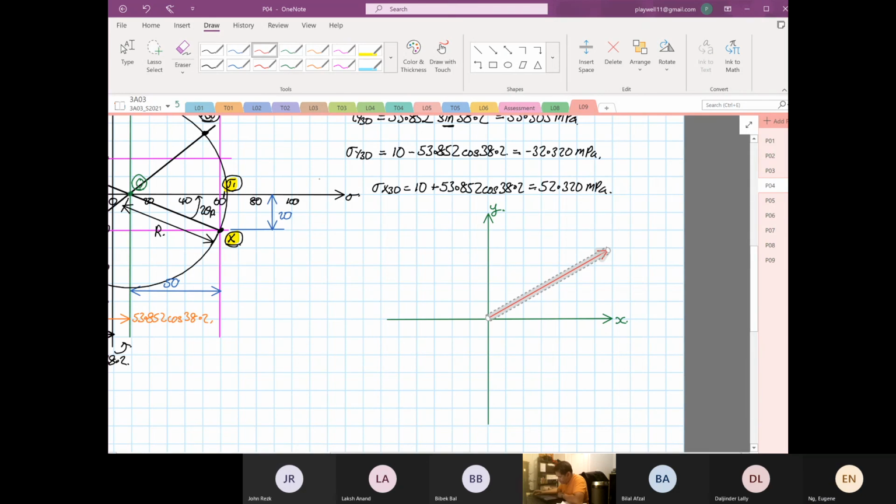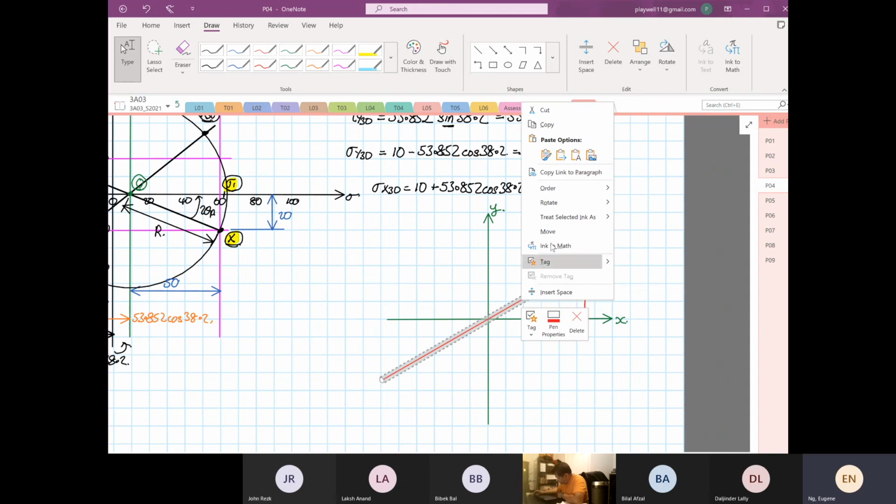So that is your 30 degrees anti-clockwise.